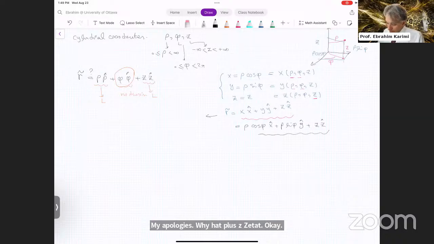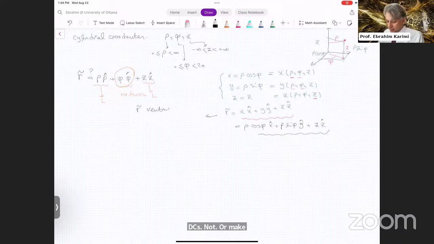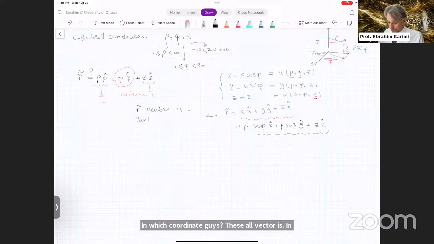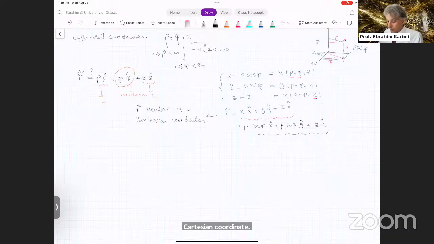This is the r vector. In which coordinate, guys? This r vector is in Cartesian coordinates, but expanded in terms of cylindrical coordinate parameters.